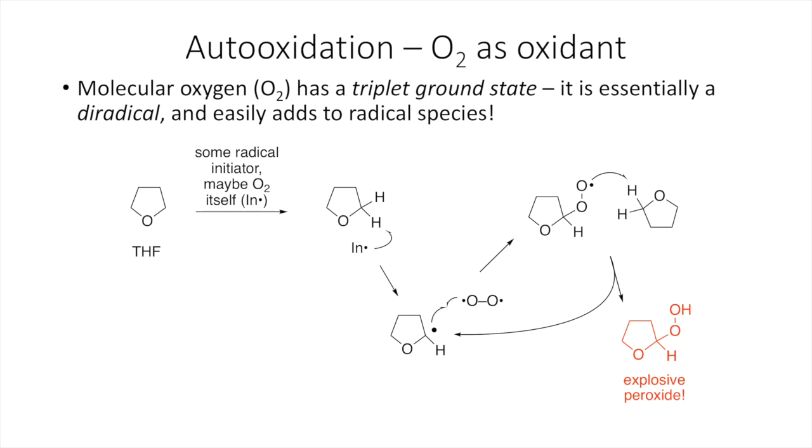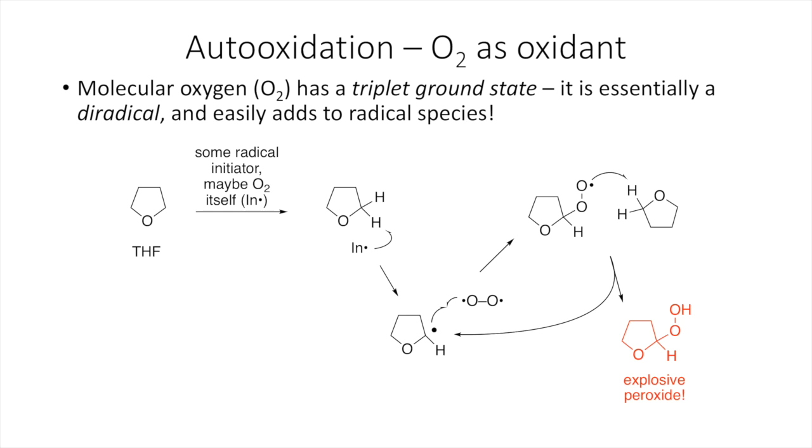Anyways, one important example of autooxidation is with THF. So that's tetrahydrofuran. This is a really common solvent. It's an ether. So if we have any kind of radical species around, which might even just include oxygen itself, we can abstract a hydrogen atom next to oxygen, much like we did on the earlier slide.